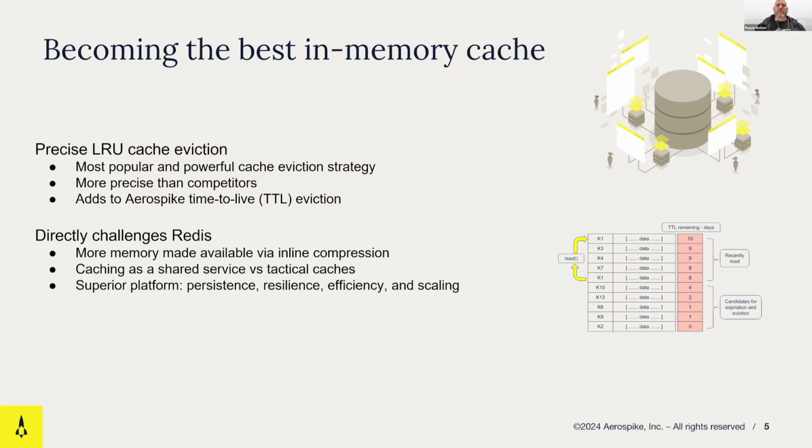Okay, so what we have so far that is used heavily is the ability to do evictions based on the expiration, right? So when you take a record, and let's say you're not in a strong consistency namespace where typically people don't use TTLs, but you're in an AP mode namespace, used for high availability systems of engagement, for example. In those cases, typically people will use TTLs on the record.